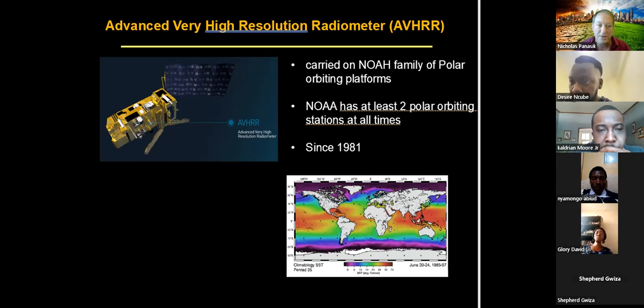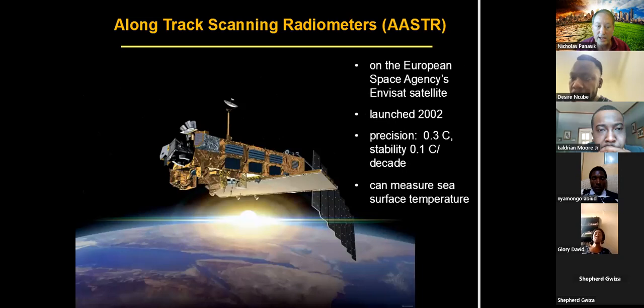There's also the along-track scanning radiometer, or the ASTER. This is one of the European Space Agency's devices that's on the Envisat satellite. This was launched in 2002. It's very precise. It can measure temperatures with a precision of about 0.3 degrees Celsius all the way from space. So that's pretty cool.